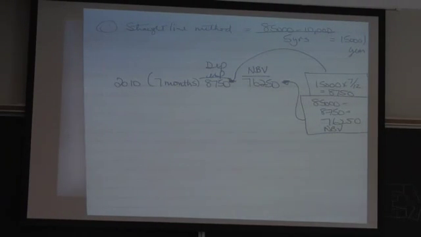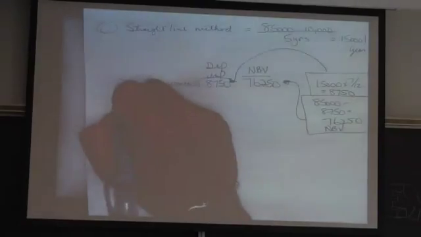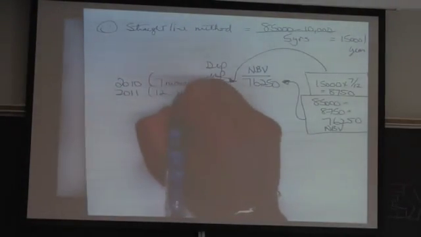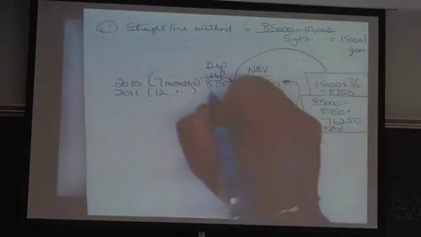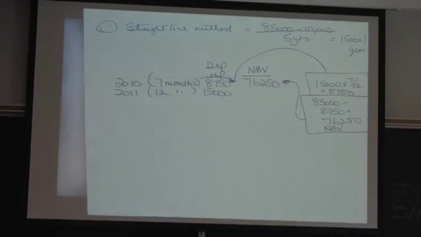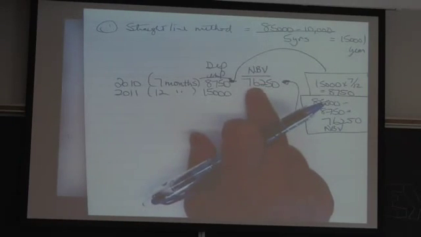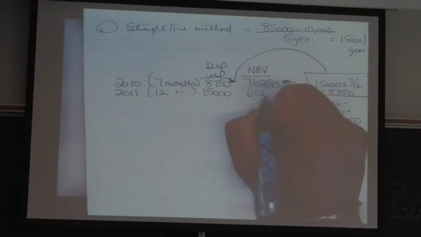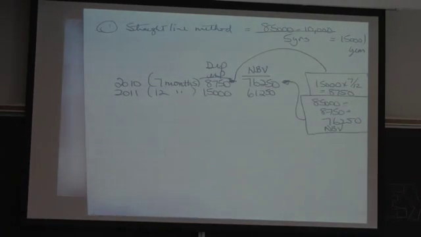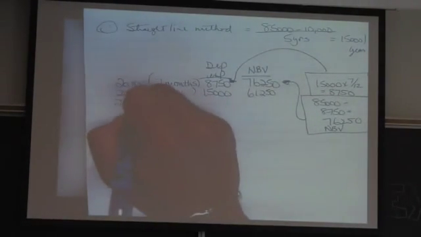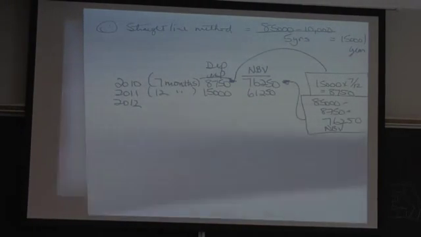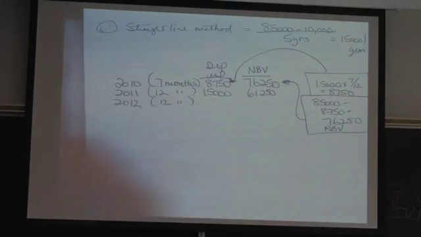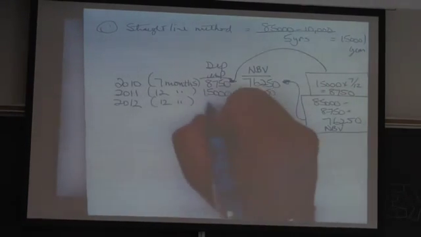Okay? In 2011, we have the full year's amortization, so 12 months. So that we know is $15,000. And net book value will be $76,250 less 15 to give us $61,250. 2012, same amortization for 12 months, and that's another $15,000.